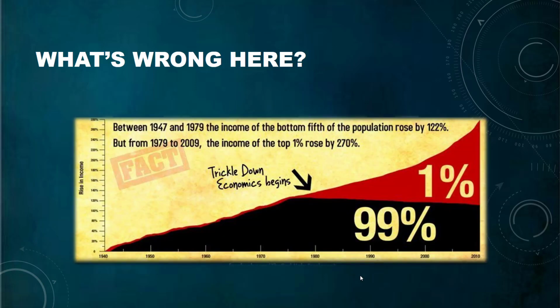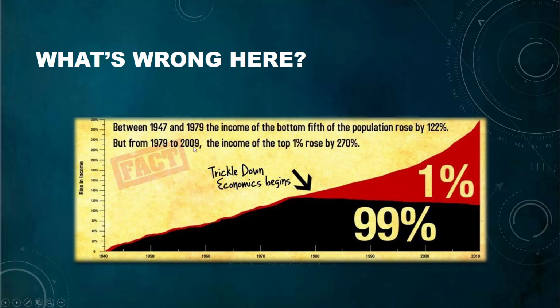All right, here's an example of a graph that was on the internet not long ago. What do you spot that's incorrect in this graph? There are lots of things to choose from, so you may spot something different than someone else spots, but a couple of different things that I'll just call out here, and this is by no means an exhaustive list, right? Between 1947 and 1979, so that's 32 years, and then we go 1979 to 2009, so that's 30 years.